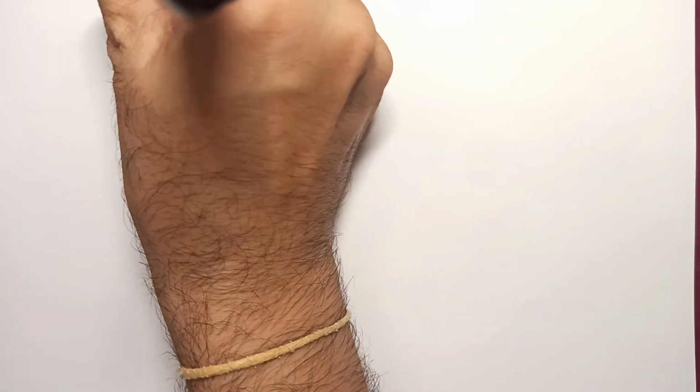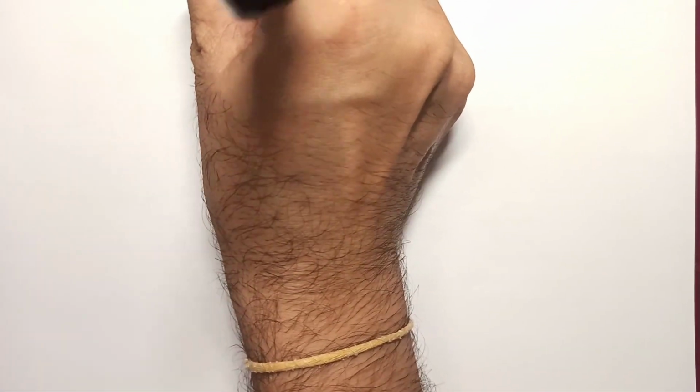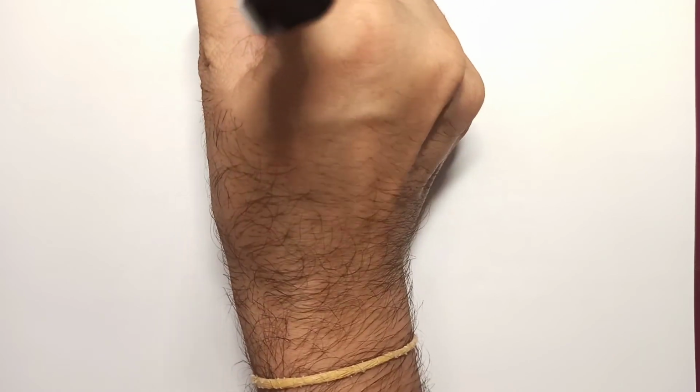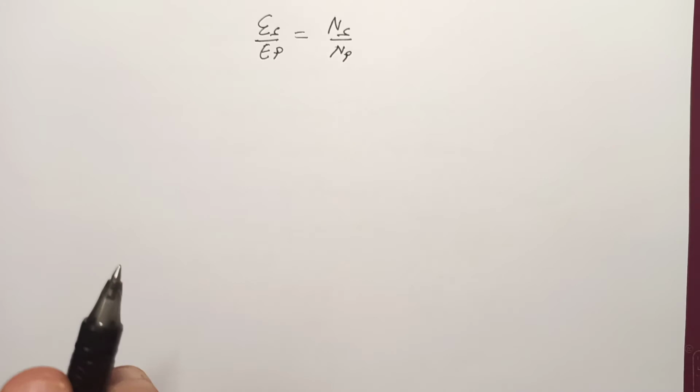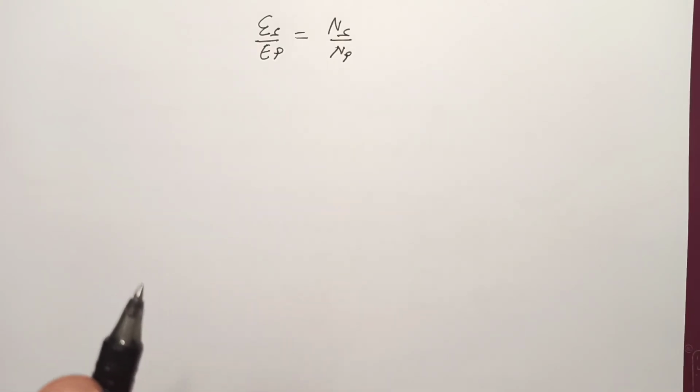Now in the last slide, we already proved that ES by EP is equal to NS by NP. This we already did in the last slide, correct?